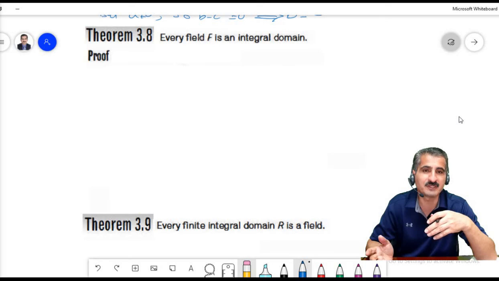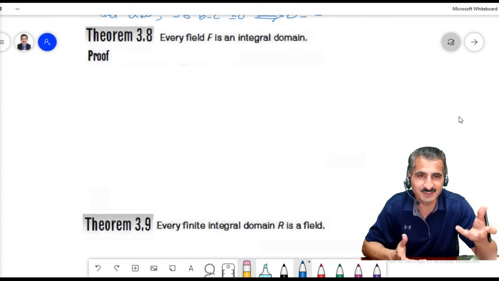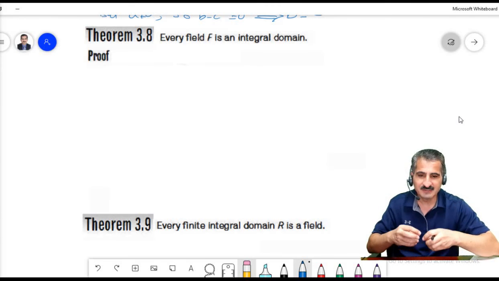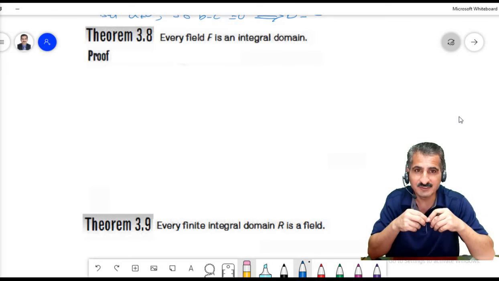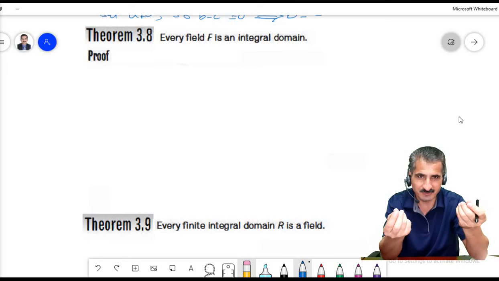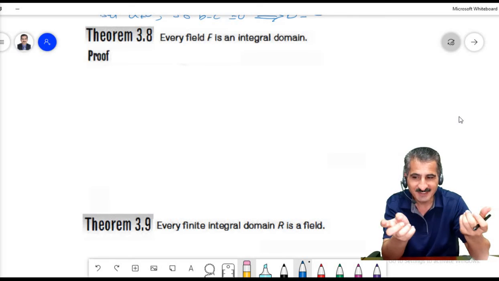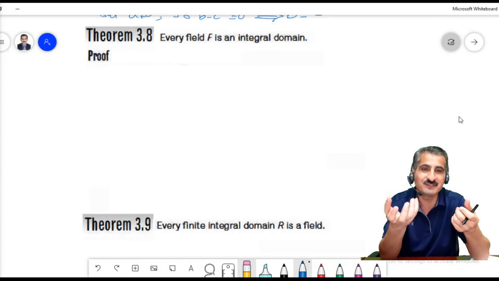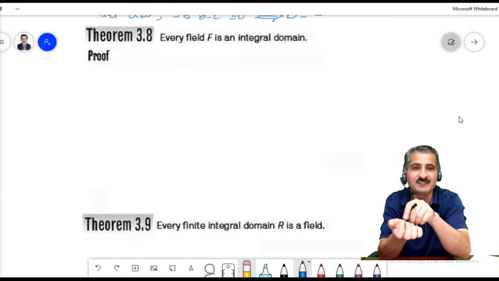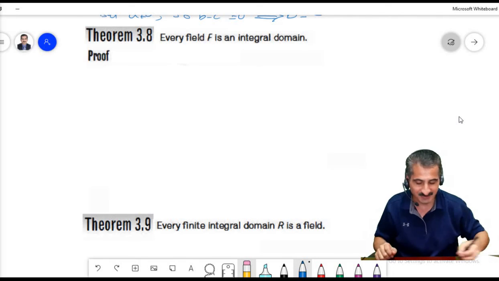So if they are units, then they are not zero divisors. Some rings we have seen have the property that every element is either a zero divisor or a unit. So if it is a unit, then it is not a zero divisor. Now look at the theorem. It says every field is an integral domain. Take a field F. Every nonzero element in the field F is a unit, so it is not a zero divisor. Then we are done. So we got an integral domain.